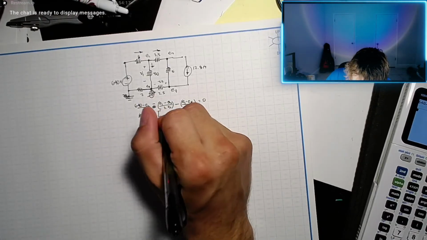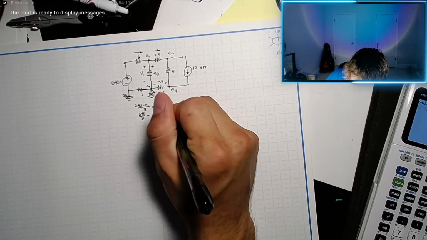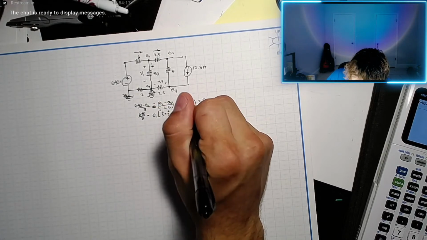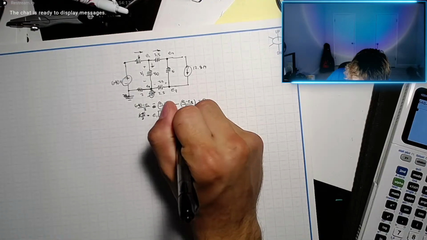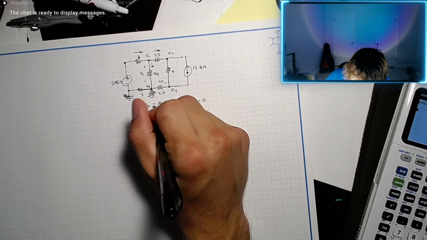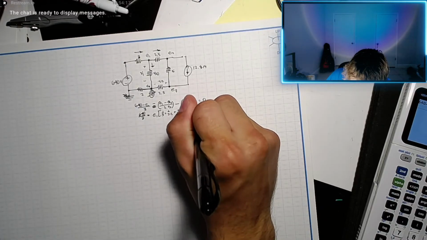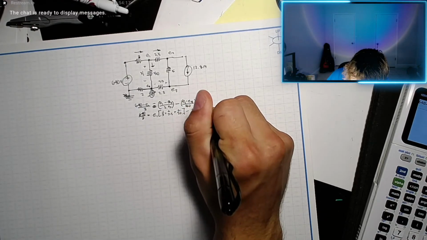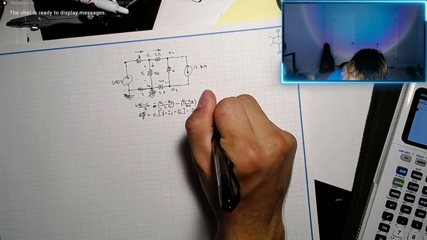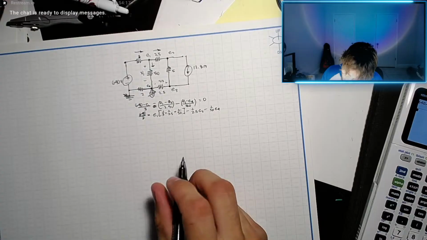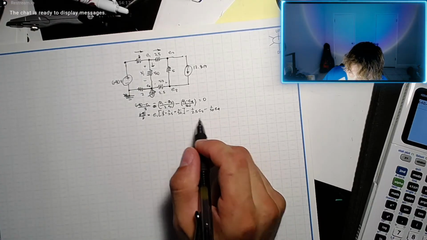So plus 1/3 plus 1 over 2.5 plus 1 over 50, plus minus 1 over 2.5 E2 minus 1/50 E4.